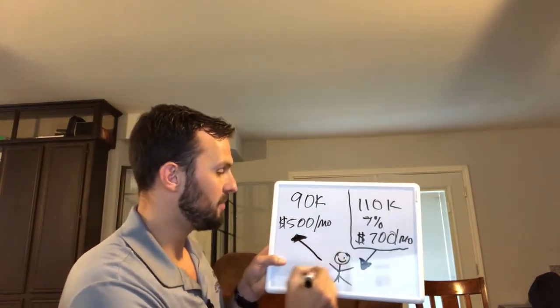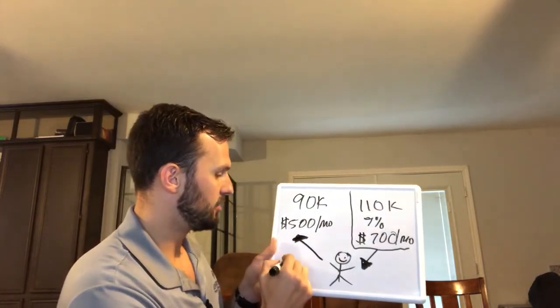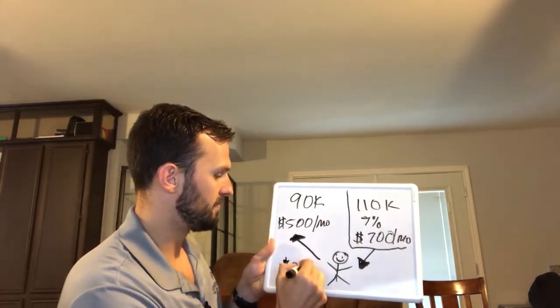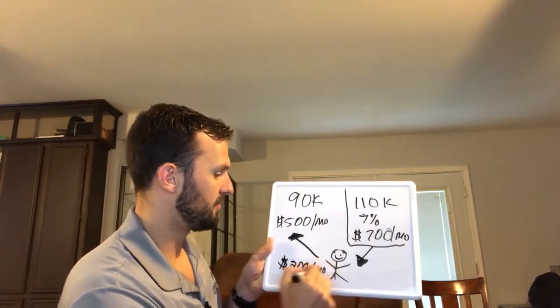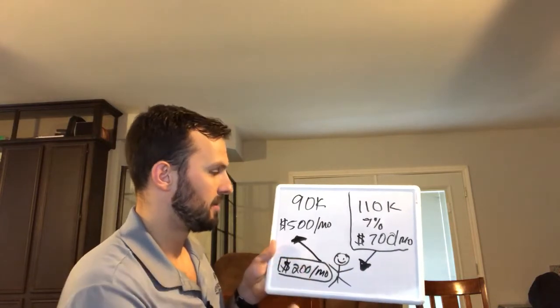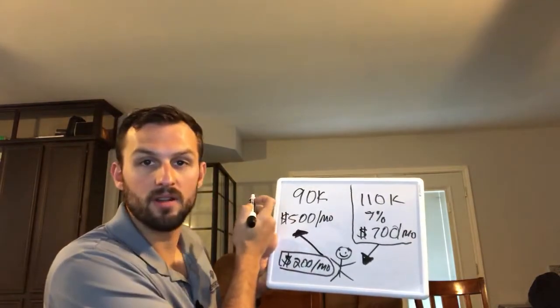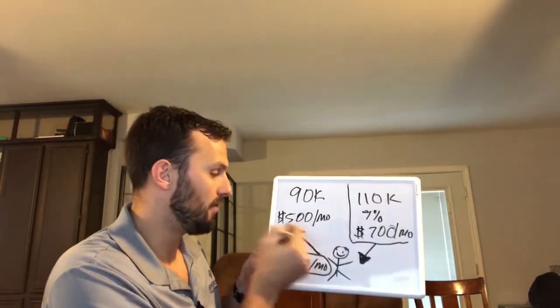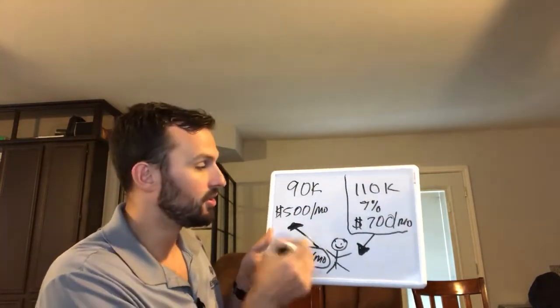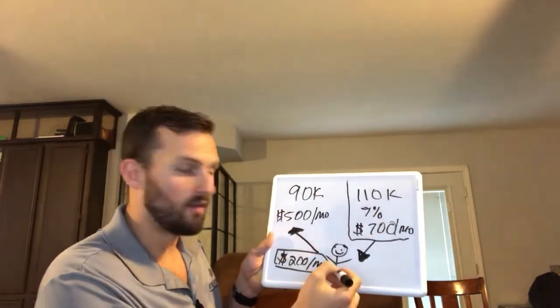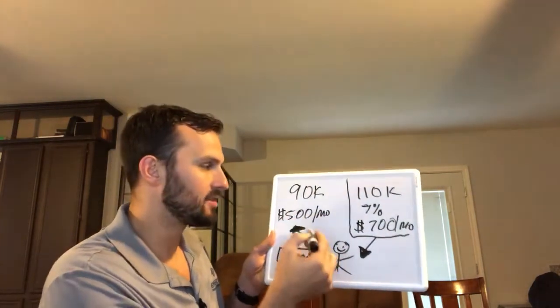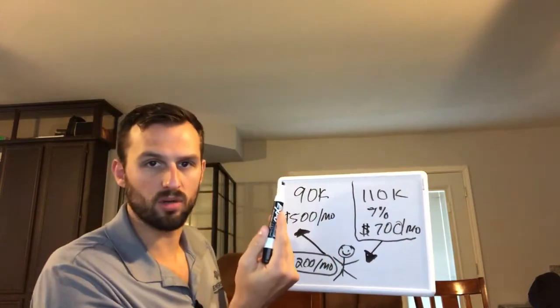So you're happy because you just netted $200 every month. $700 that you take in, and you're going to pay out $500. 700 minus 500, you're left with 200. So you're going to make $200 every month for them paying you. That is how the wraparound mortgage works.